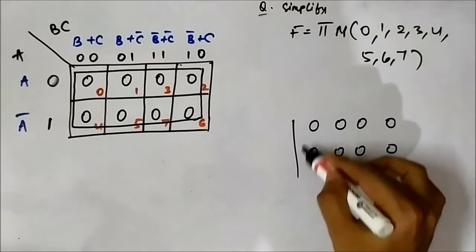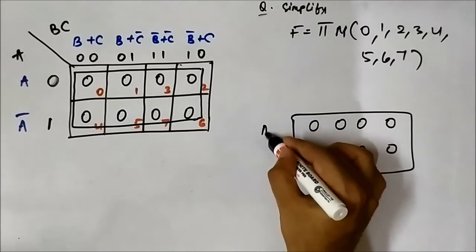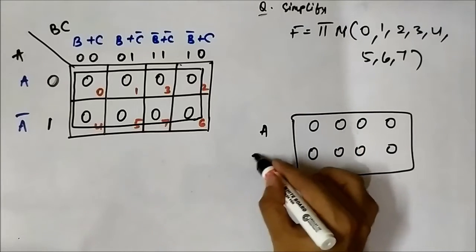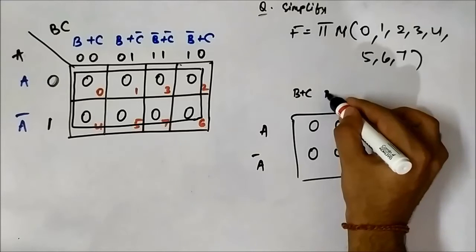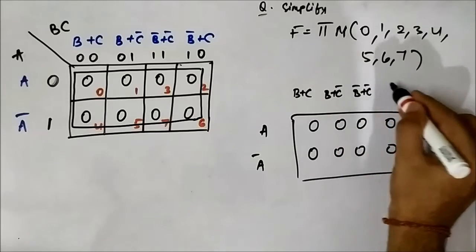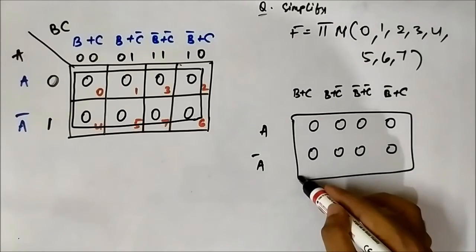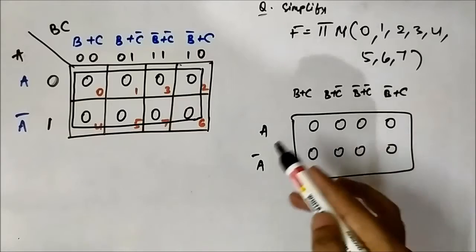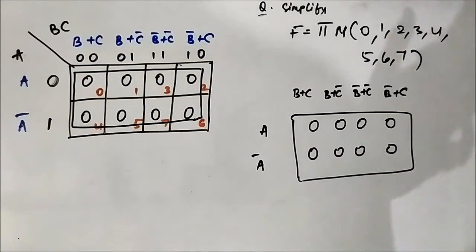Okay, all the marked cells are here. It is A, it is A bar, it is B or C, B or C bar, B bar or C bar, B bar or C. So here you can see that there is nothing common in all of these marked cells.